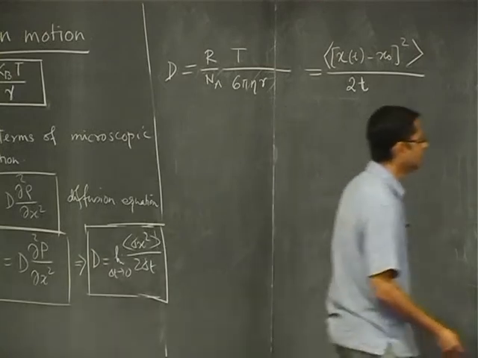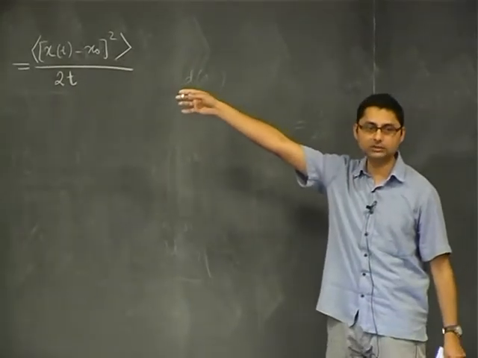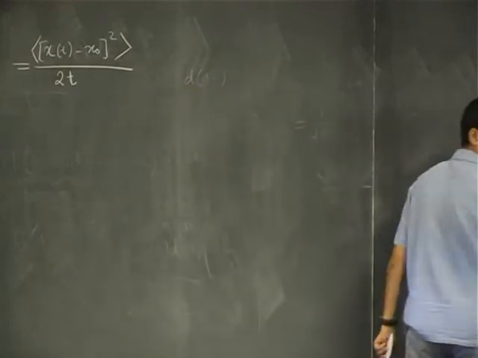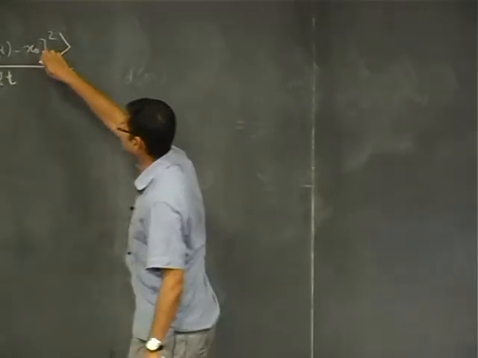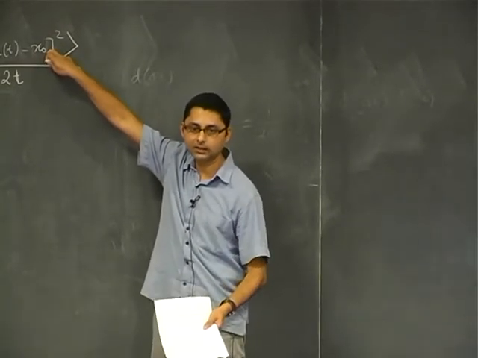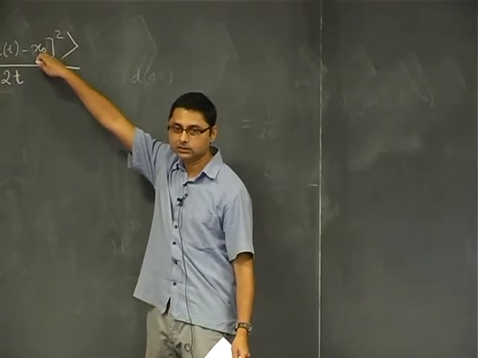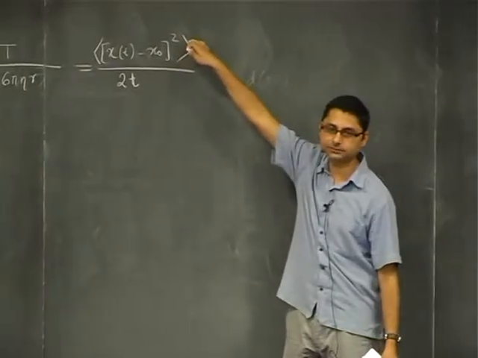In fact, this is in one dimension, but this will be true in any dimension, or you can just project it to one dimension. So you have this delta x in some time t, and you can measure this. You do lots of experiments, square it, take the average over that, and divide it by t. So this right hand side you can measure.